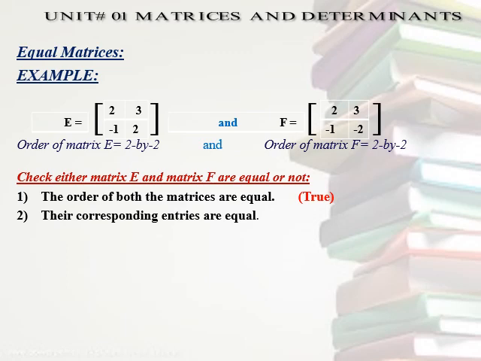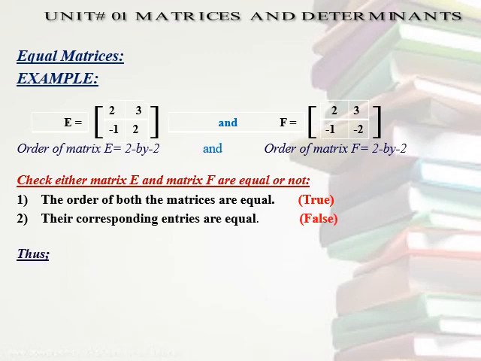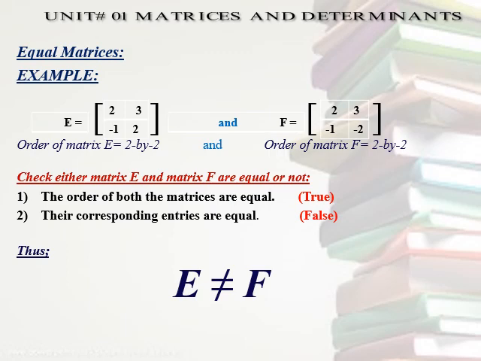The fourth entry of matrix E is 2, but the fourth entry of matrix F is -2, which is not equal to the fourth entry of matrix E. So our second condition is false. Thus E is not equal to F.